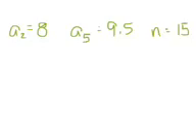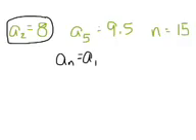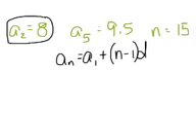The one here on the left is saying that when I put the number 2 in, I'm going to get 8 out. It's kind of like an input-output, domain and range type of scenario. So if I set this up using the initial standard form of an arithmetic sequence, this 8 is going to go right in that spot.